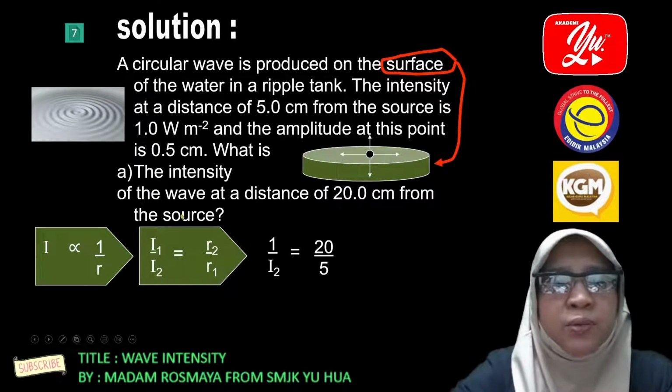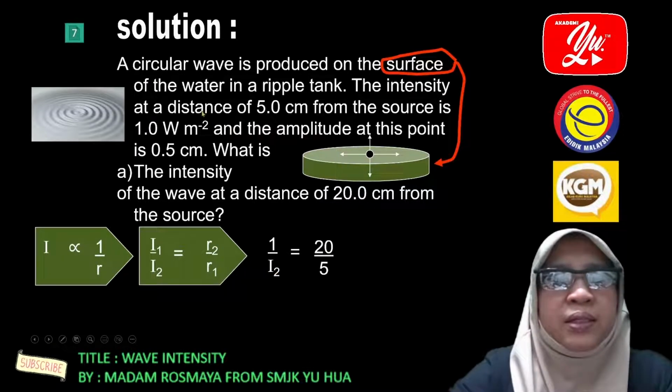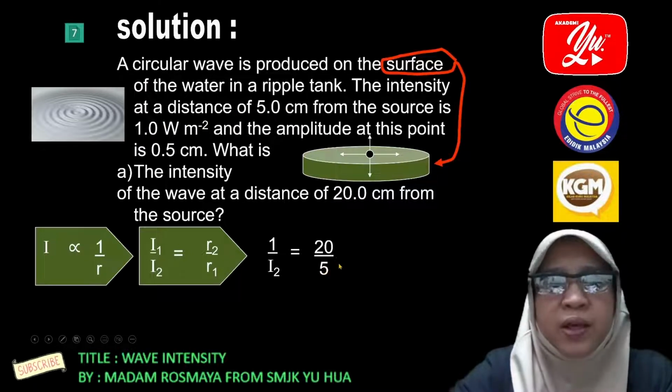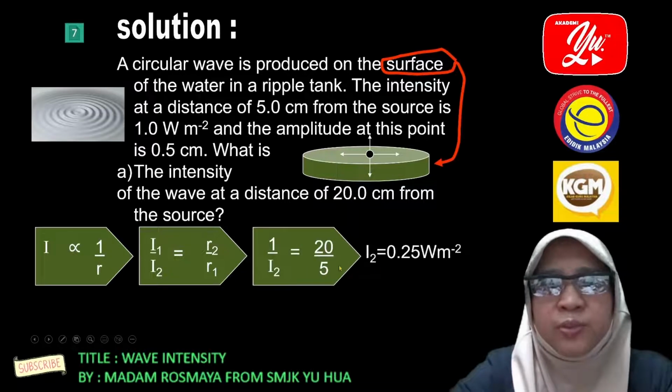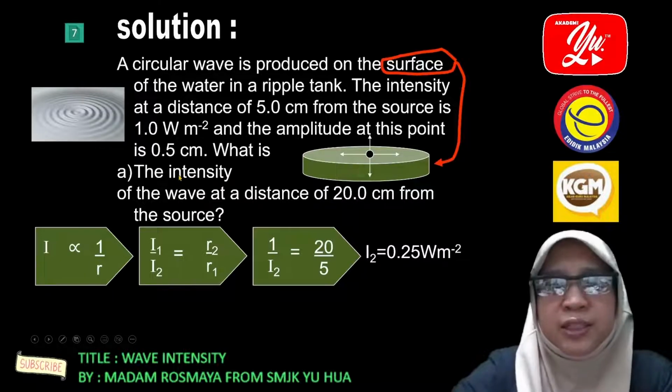I2 is what we are going to find, at a distance R2 of 20 centimeter. The initial distance for 1 watt per meter squared is 5 centimeter. Cross multiplying, we get I2 is 0.25 watt per meter squared. This is the answer.